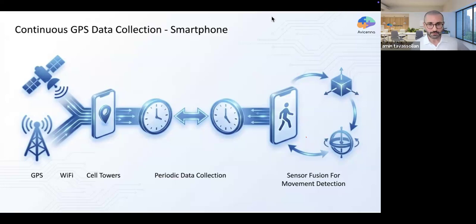To avoid this, we designed an algorithm to automatically use other motion-based data, such as sensors like the gyroscope and acceleration, to detect whether the phone is actually moving in any form. And if it is, in the next data collection cycle, we ask the GPS to give us a new location. But if it's not moved, we report the previous location.